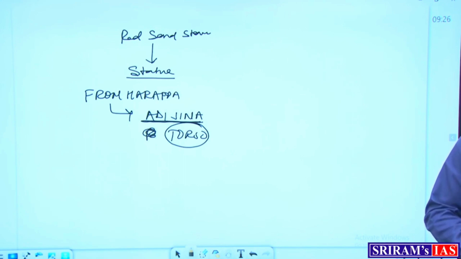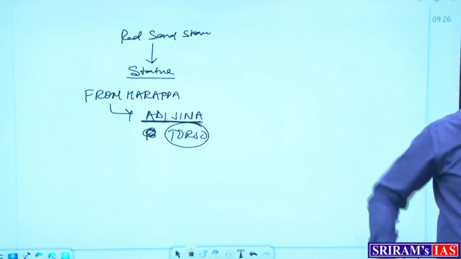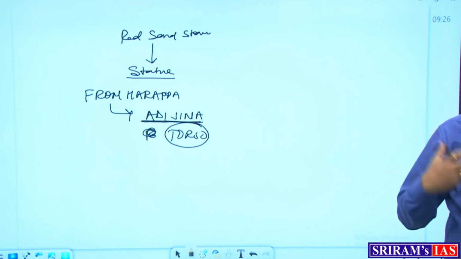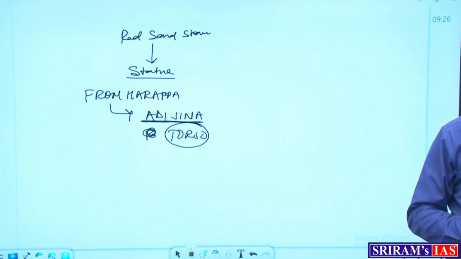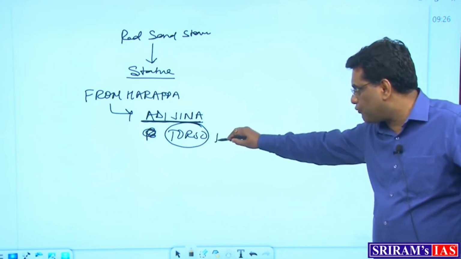When there was Harappa, there was Jain. Adi Jina means the first Jaina Tirthankar. And we have found the torso. Torso means above the waist. We found the statue, and the build of the torso is like a Jaina Tirthankar. So, a red sandstone torso from Harappa.